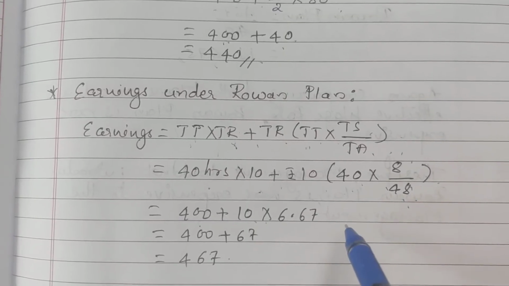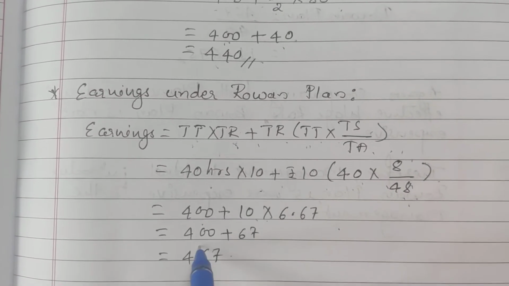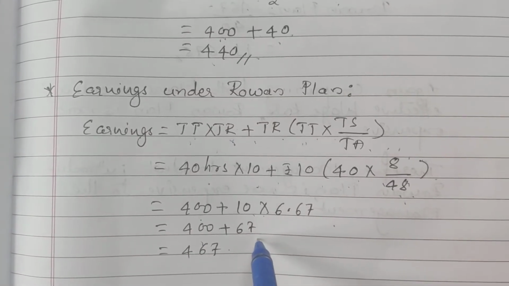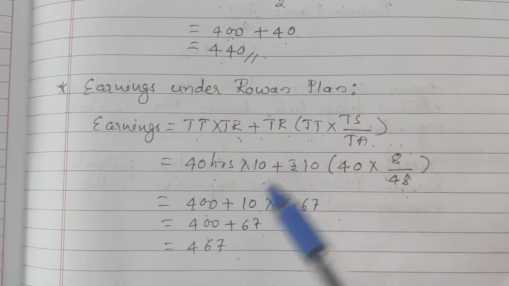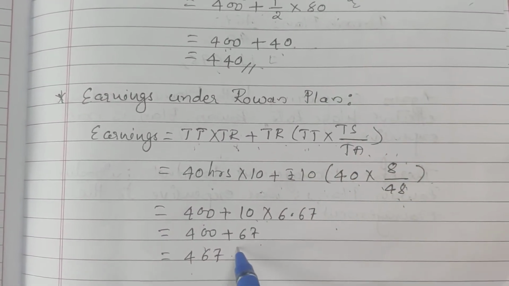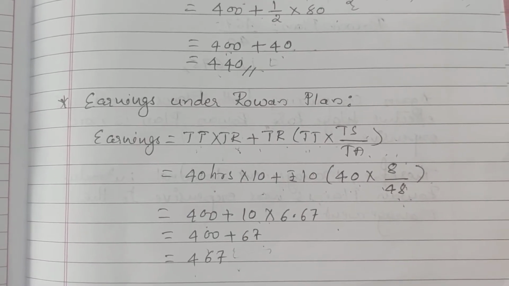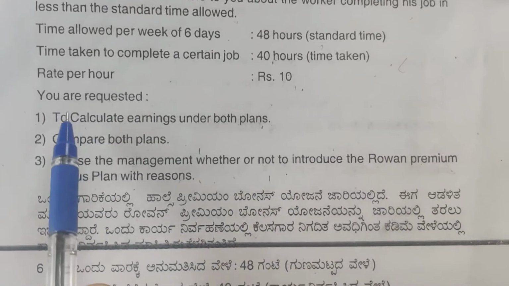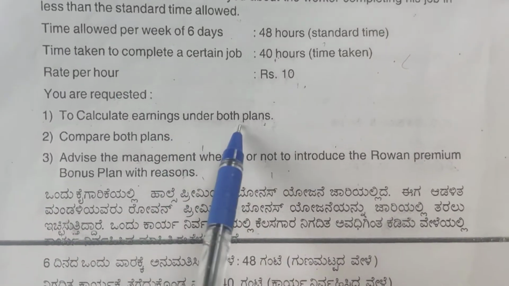The answer will be 6.67. Therefore 400 plus 67, the earnings is 467. Under Halsey plan, earnings is 440. Under Rowan plan, earnings is 467. So your first question, to calculate earnings under both the plans, is answered.